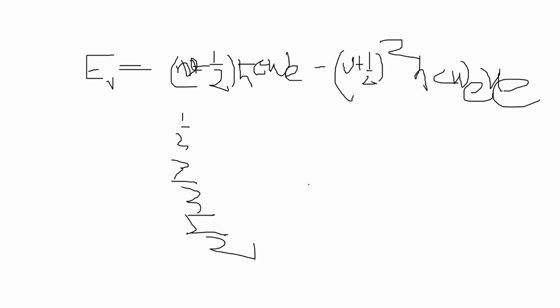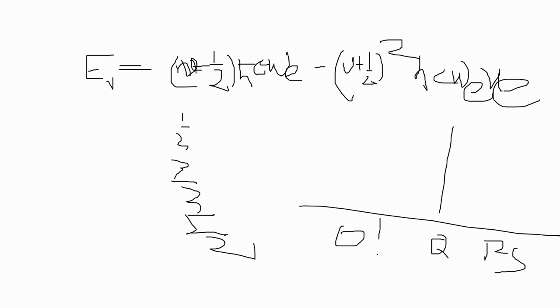They are not pure, and we found that there are different series, P, Q, R, like O, P, Q, R, S. The transitions are plus or minus 1, plus or minus 2: plus 1, minus 1, plus 2, minus 2 like that. So these were the spectral series that we found.